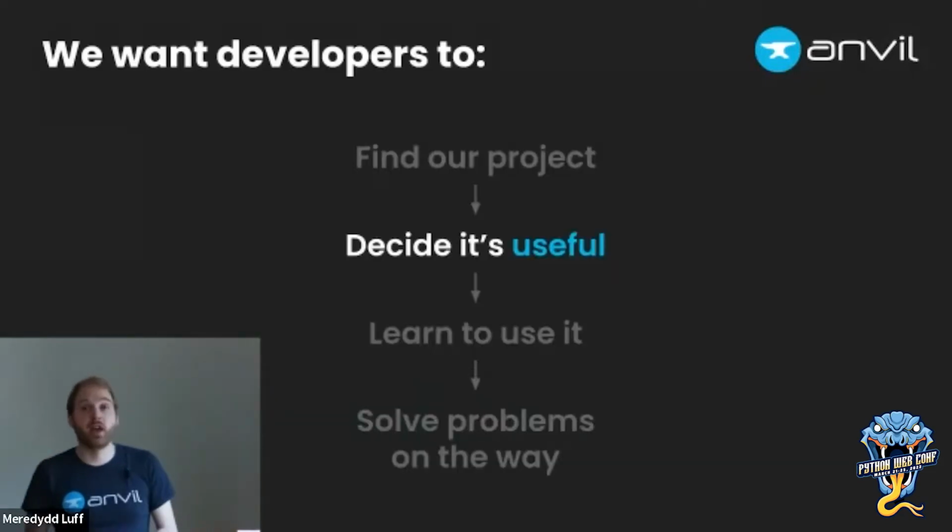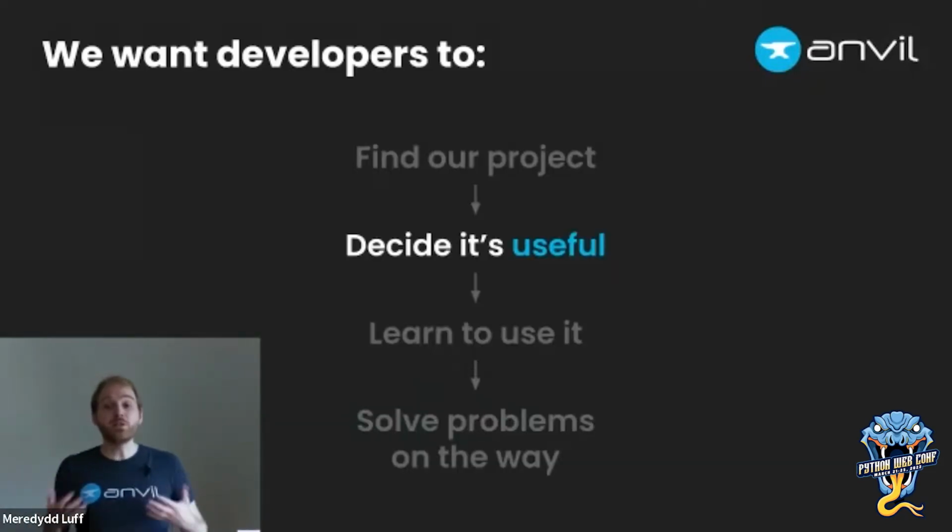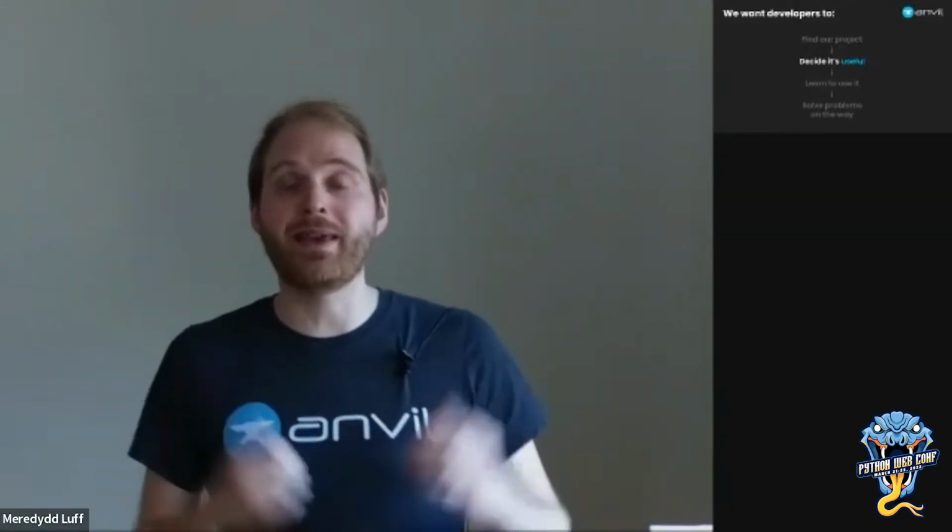Even once a developer has found your project, they do still need to decide that it's useful, that it solves a problem they have, which means they need to know what your project actually is. And sure, there are all sorts of abstract, pretty words you can put on a website to say that we're the best thing since sliced bread.